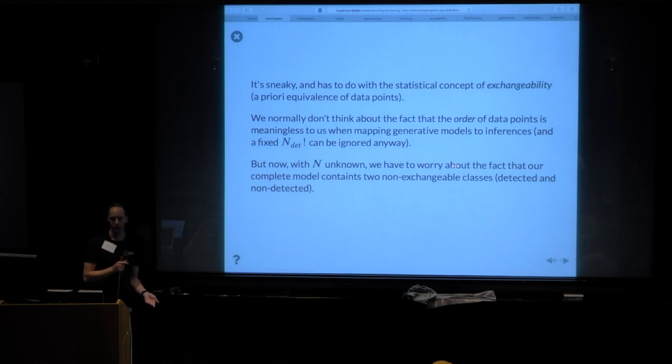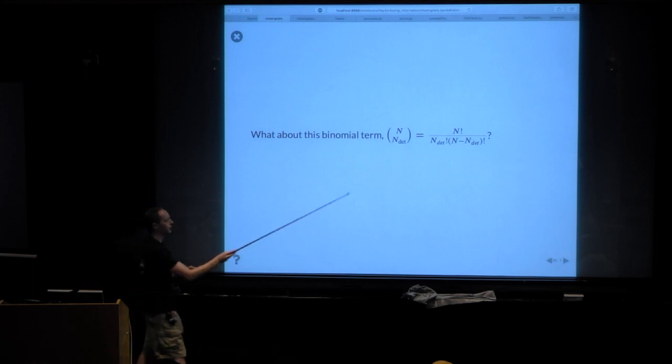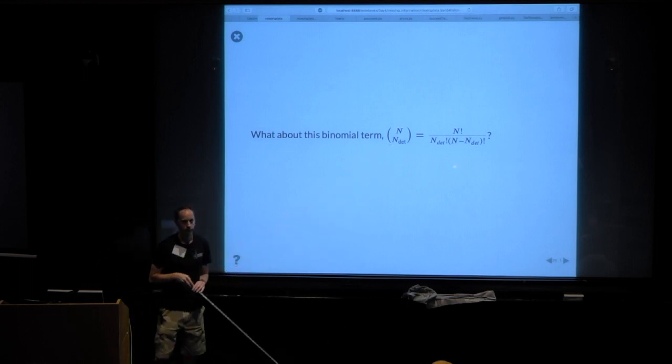The order of lines in that catalog means nothing to us, right? You can shift them around, they're functionally equivalent. So from a generative standpoint, the number of ways that I might randomly produce a functionally equivalent catalog, in this case, where we have detected things and non-detected things, is proportional to that.